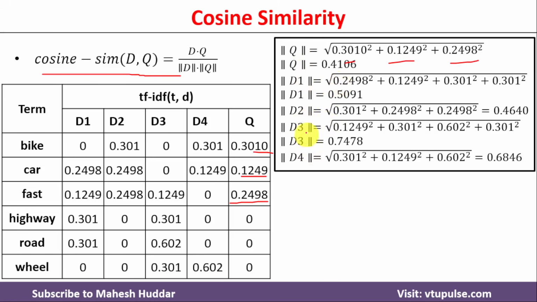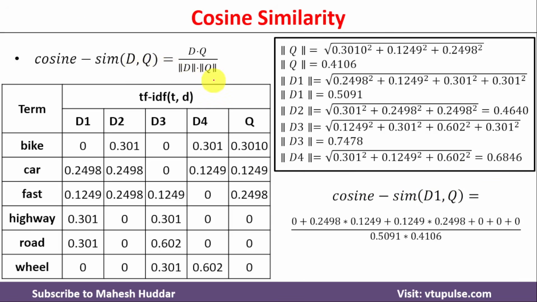Once you find the length of all the documents and the length of q, next we need to find the cosine similarity of D1 comma q, which is equal to d into q divided by length of d into length of q. So d into q is 0 into 0.3010 plus 0.2498 into 0.1249 plus 0.1249 into 0.2498, and the remaining values are 0, divided by the length of D1, that is 0.5091, into the length of q, that is 0.4106.